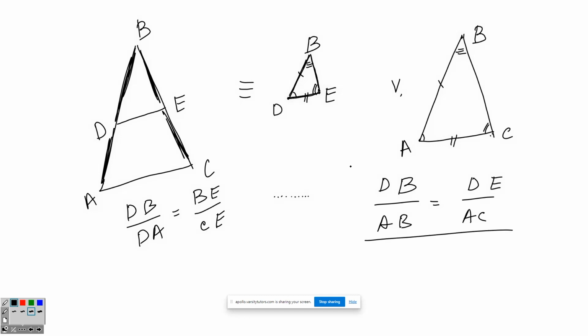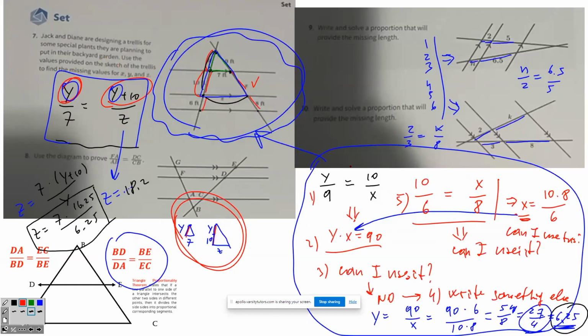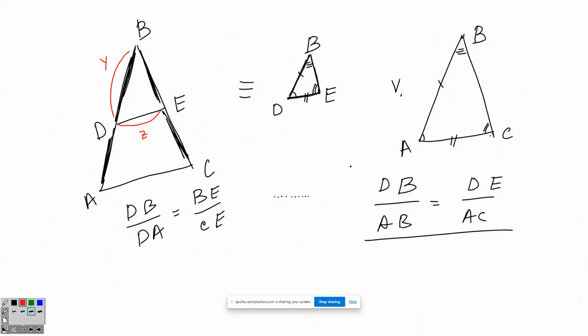But now, if we go back to the original picture, we could use different symbols. DB is y, DE is 7, AD is 10 and AC is z.